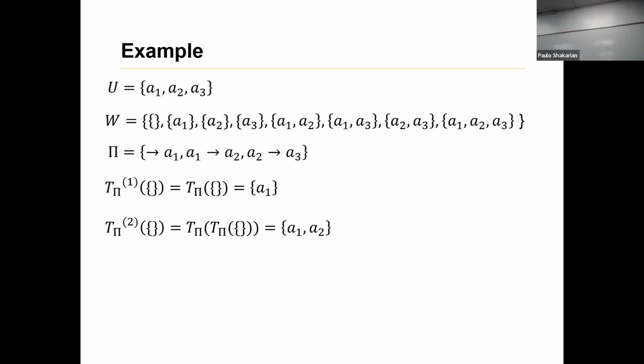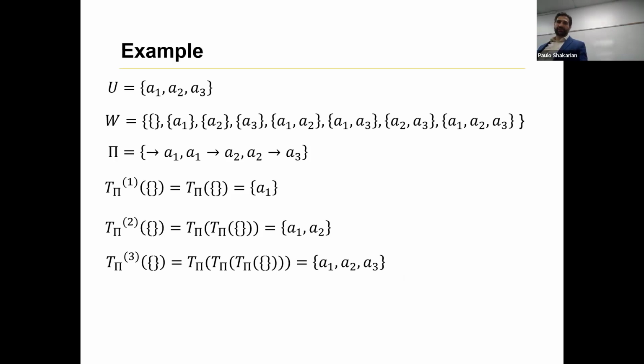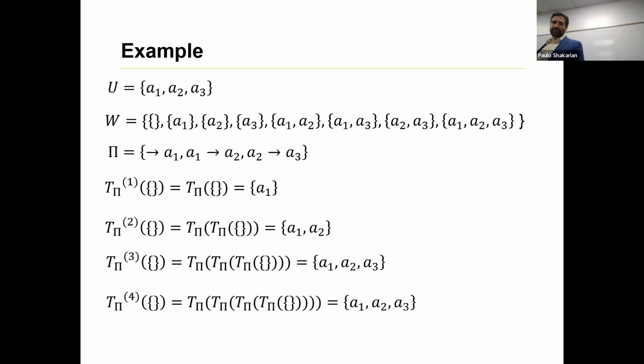It gives us A1 and A2 because we're applying it to here, and since A1 is a superset of A1, now we can conclude A2. So we got something else. And now we got A1 and A2. And now we get everything. And now we go to the fourth application and nothing changes. So it's obvious that if I do a fifth application, nothing will still change because it's reached the fixed point.